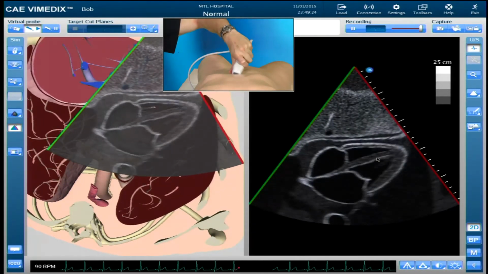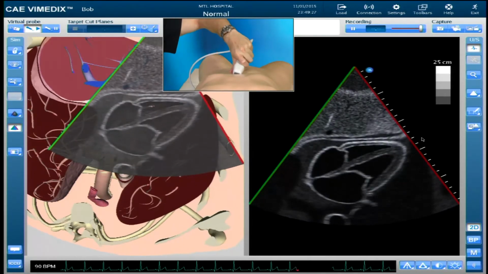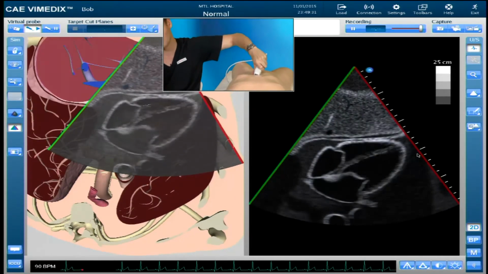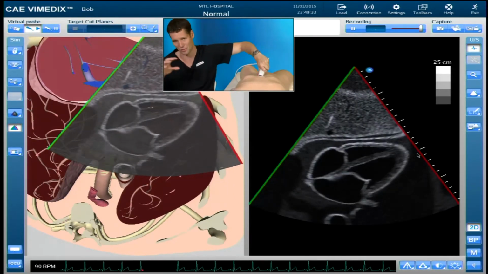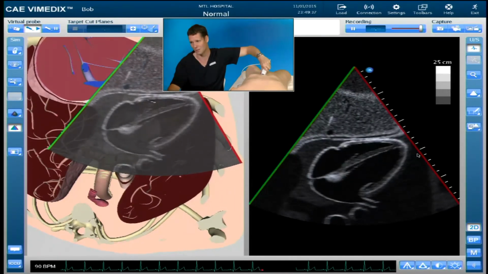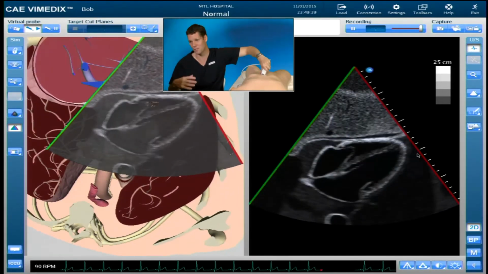Now the perfect view that we're trying to get with this is the 4-chamber view again. We're looking down the barrel of that ventricle, trying to make that ventricle look as big as possible. By that I mean that you're not tangential, you're not off axis with the heart.